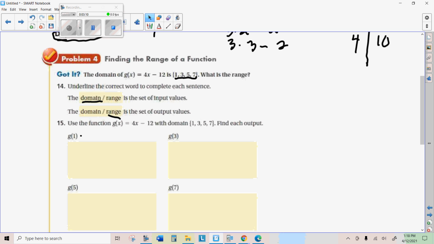To find g of 1, you're going to take the rule, which is 4 times x minus 12, and you're going to replace the x with a 1, and then just simplify that. Or remember, you could also just put this function in your calculator and get the answer, but I get -8 for that. Go ahead and do the rest.